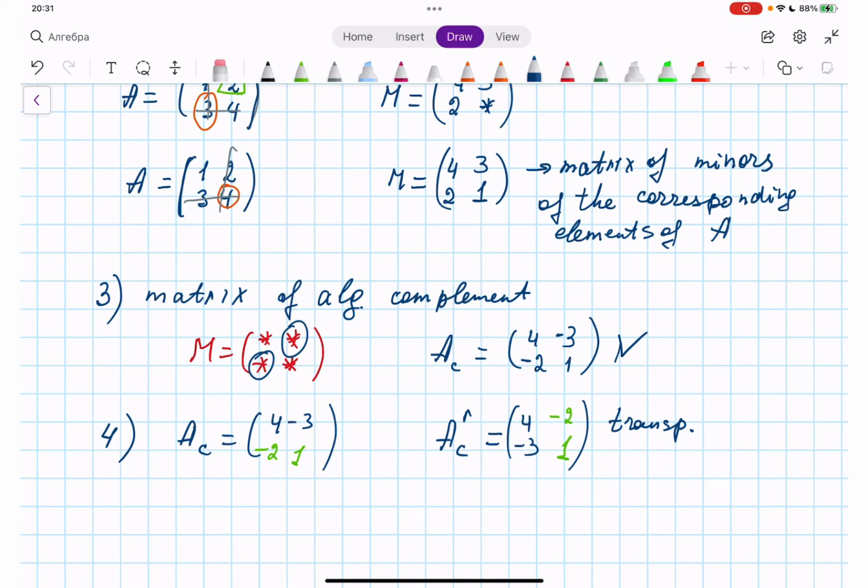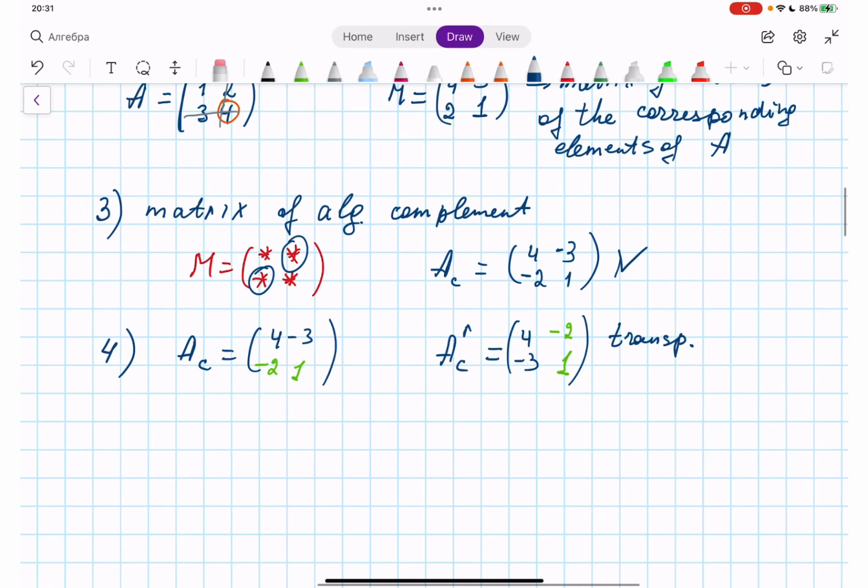So the inverse, so final answer, step number 5. Just to remind you, the inverse is equal to 1 over the determinant of A times the transposed of the complement.